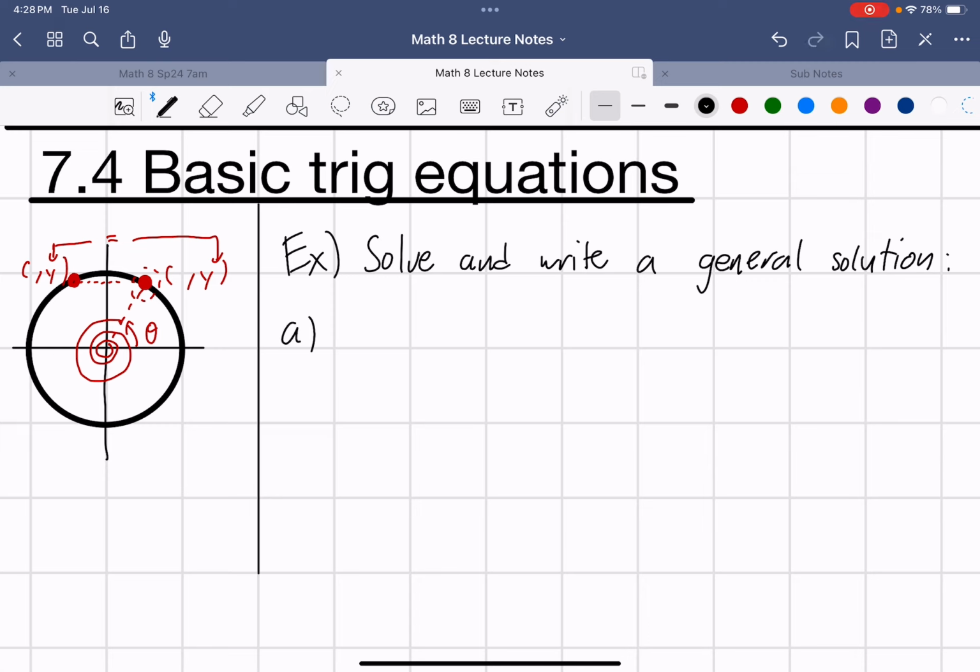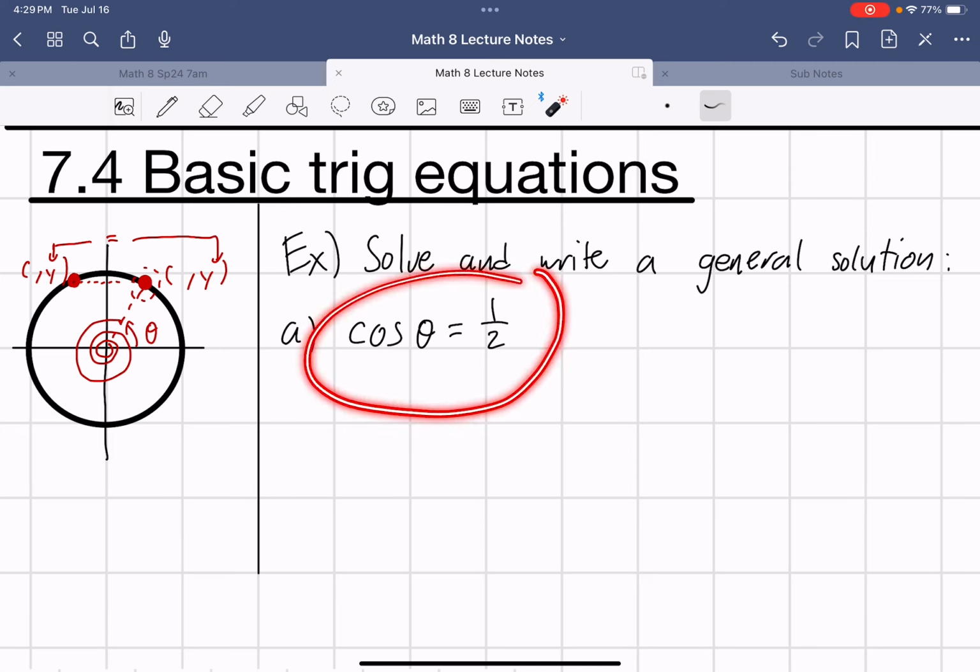So our first example, we're going to keep it quick and light. Just like any other type of equation, your goal is to isolate your variable. But I don't want to apply my inverse property in this situation, because inverses end up creating a restriction.